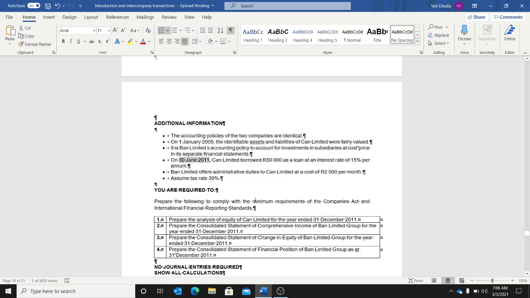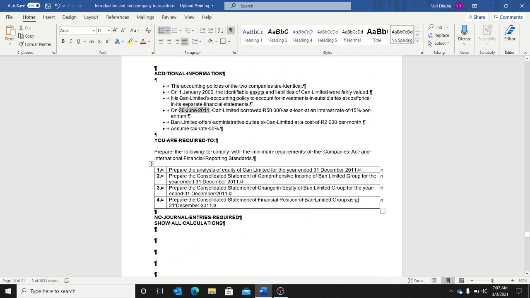So half a year, times 6 divided by 12. You'll see it's a simple calculation. 50,000 multiplied by 15%, multiplied by 6 divided by 12 equals 3750.